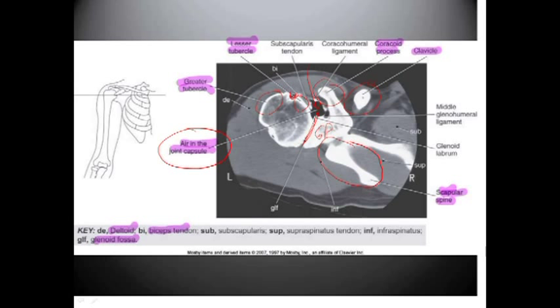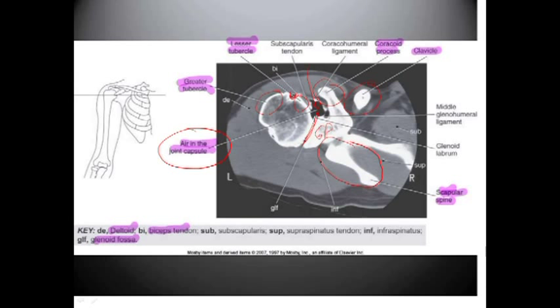This is probably from an arthrogram, something like that, where contrast is injected into this joint capsule to see how it's actually performing. So, not uncommon to see this as well.